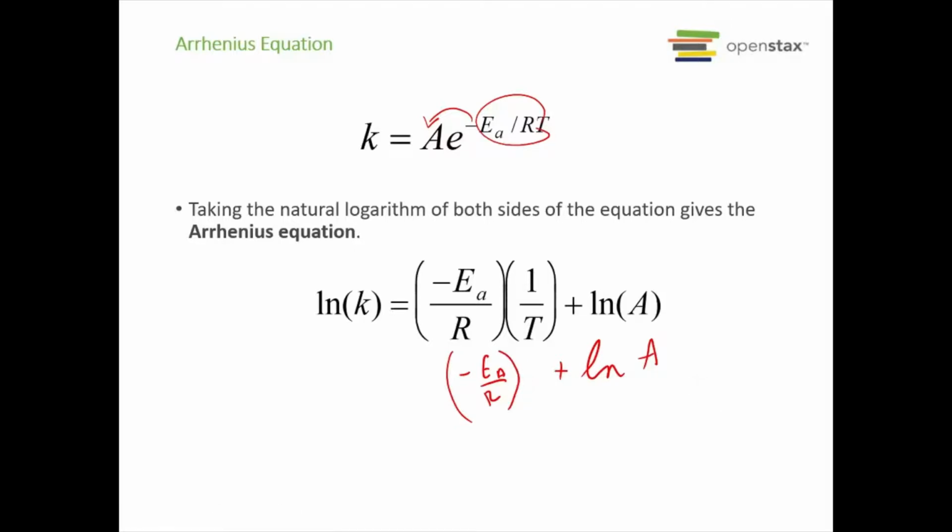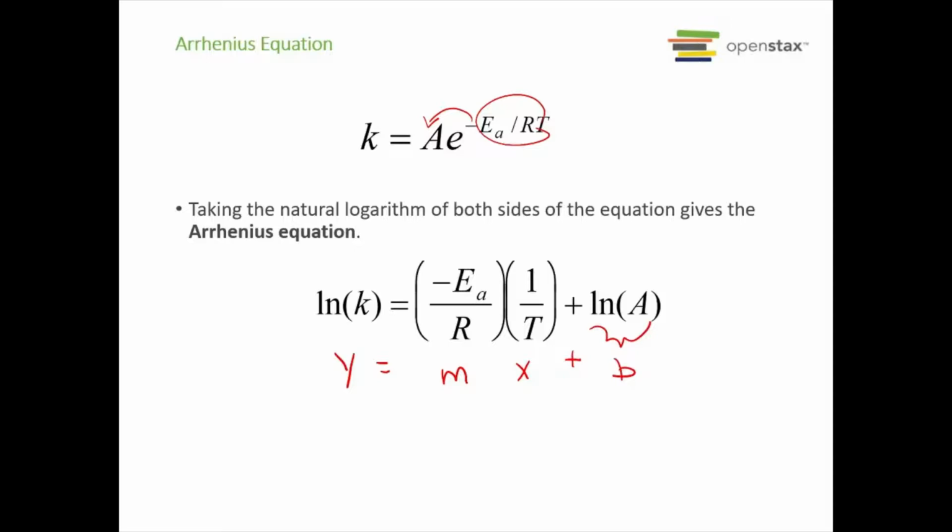The reason I'm saying leave it separate, we've been doing lots of linear equations, right? They're back. Natural log of K. So remember that K is temperature dependent when we talked about it before. So y equals mx plus b. There it is again.